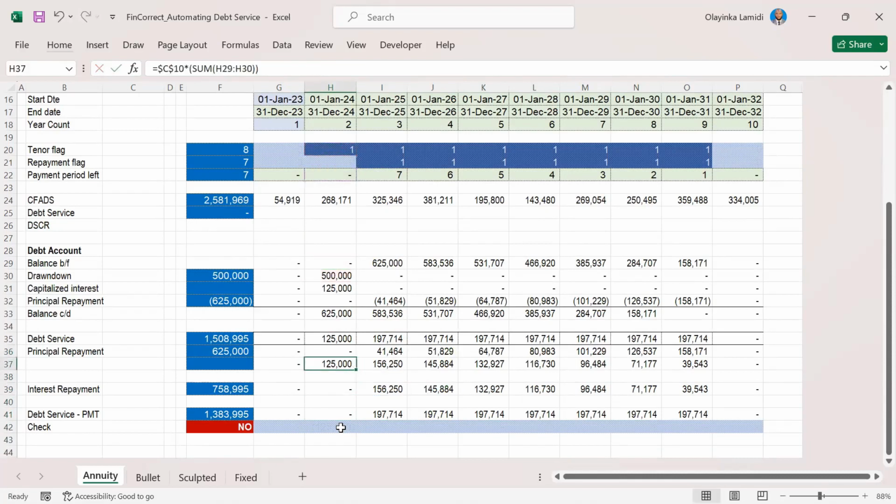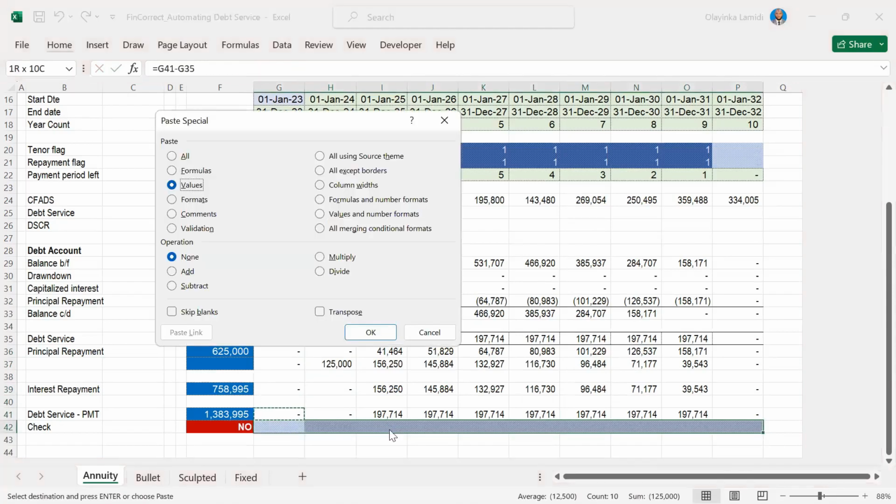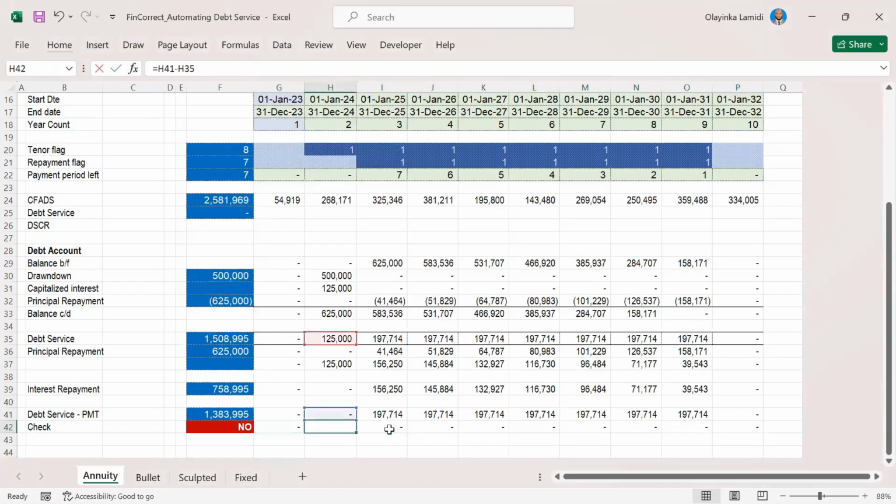We have 125,000 here, but of course for this period we don't have the 125,000. So what do we do to include this 125,000? The 125,000 is actually the thing that is wrong, why this is not balanced, and why the check is showing no.